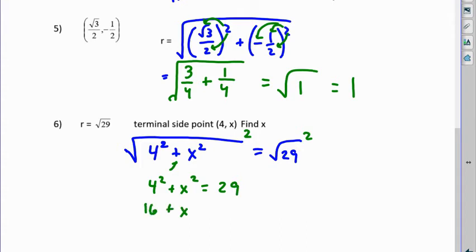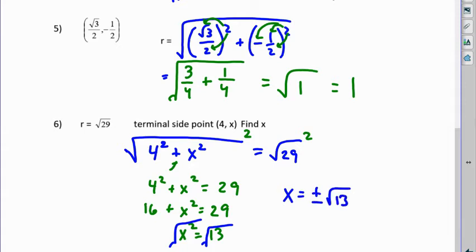16 plus x squared is equal to 29. Subtract 16 from both sides. X squared is equal to 13. Square root on both sides, but because I'm the one doing it, x is equal to plus or minus root 13, a prime number. So now I'm going to write it as a point.